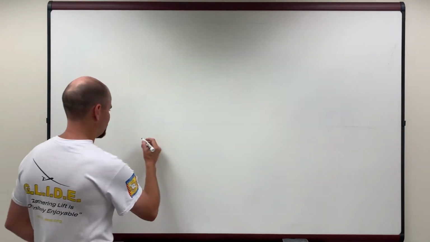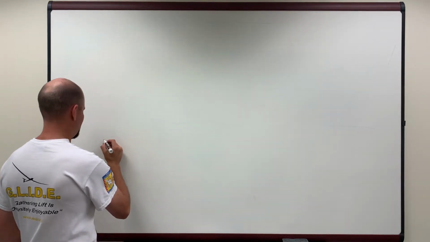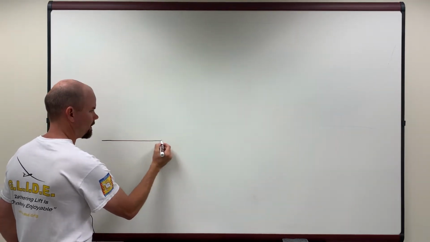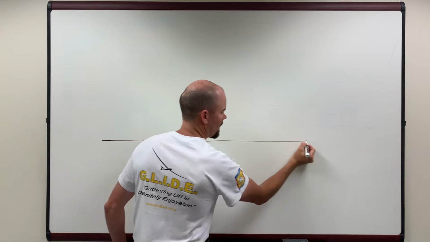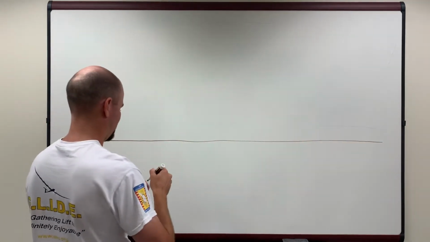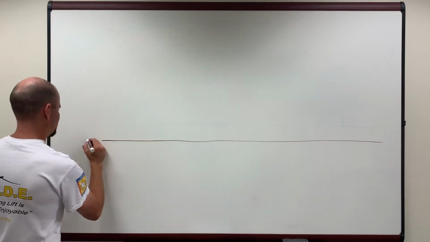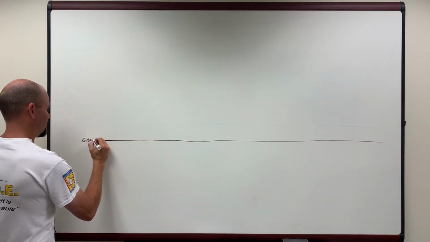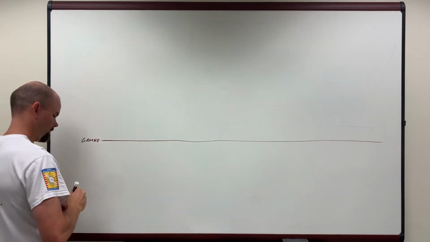So for the pictures, I'm going to draw, this will be ground level. So this will be a cross section of the sky. This will be ground level. Ground.